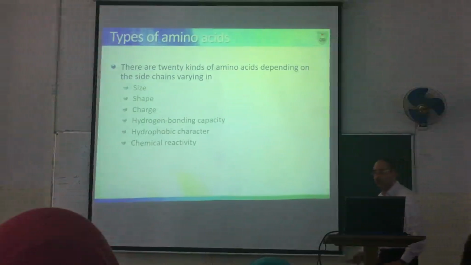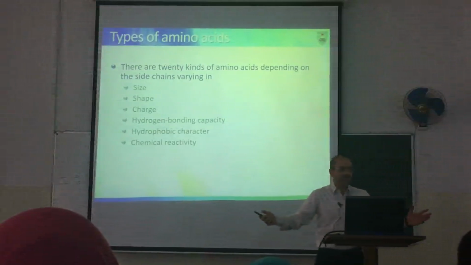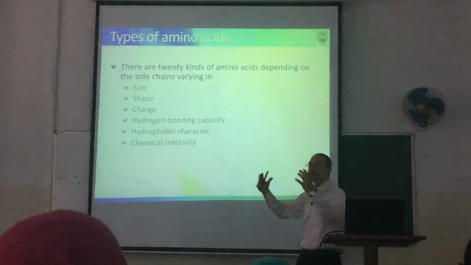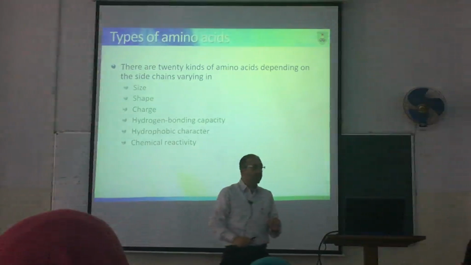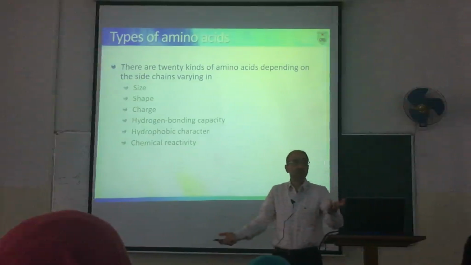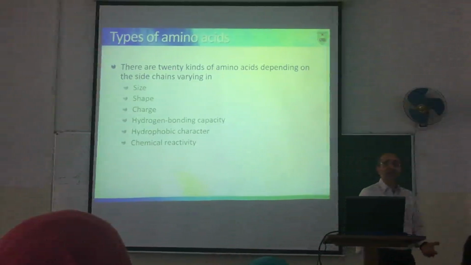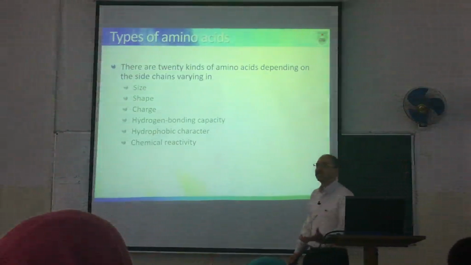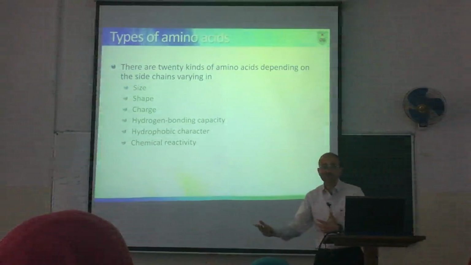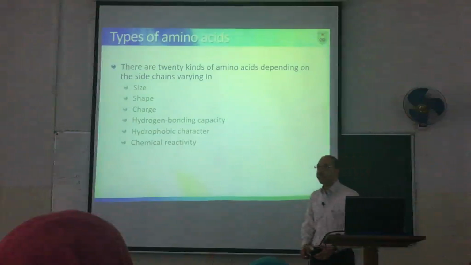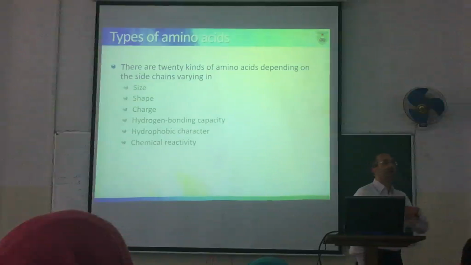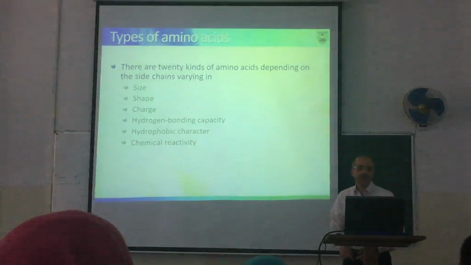For example, you will notice that there are small amino acids and large amino acids. راح نشوف عندنا different shapes: aliphatic amino acids, chain structures, branch structures, cyclic structures. الcharge: non-polar, positively charged, negatively charged, uncharged لكن polar amino acids. الهيدروجين bonding capacity: amino acids that do not form any hydrogen interaction, amino acids that contain hydrogen bond donors, hydrogen bond acceptors, and so on. الهيدروفوبيك characteristics: hydrophilic, hydrophobic, highly hydrophobic amino acids. الكيميكال reactivity: reactive and unreactive amino acids as well.